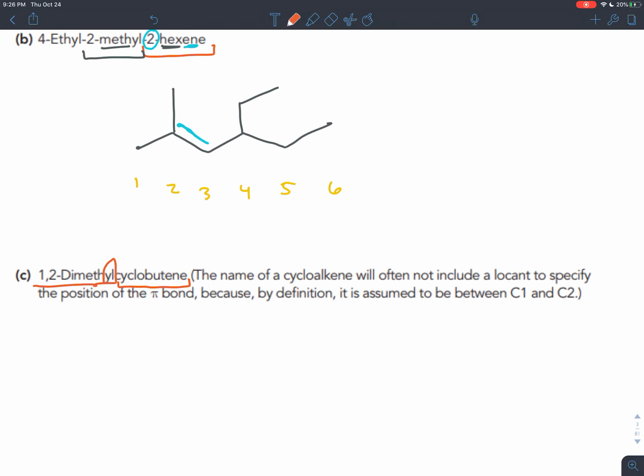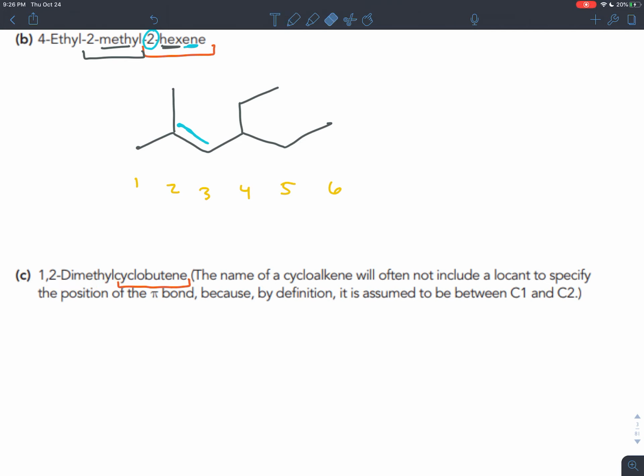You see this cyclo here, you know it's happening in a ring. Wherever you put the double bond in the ring, where the double bond starts will be carbon number 1. You're going to number the ring to give the double bond the lowest number. So because no matter where you put the double bond, it will be carbon number 1, you don't have to say where the double bond is. It's implied it's on carbon number 1.